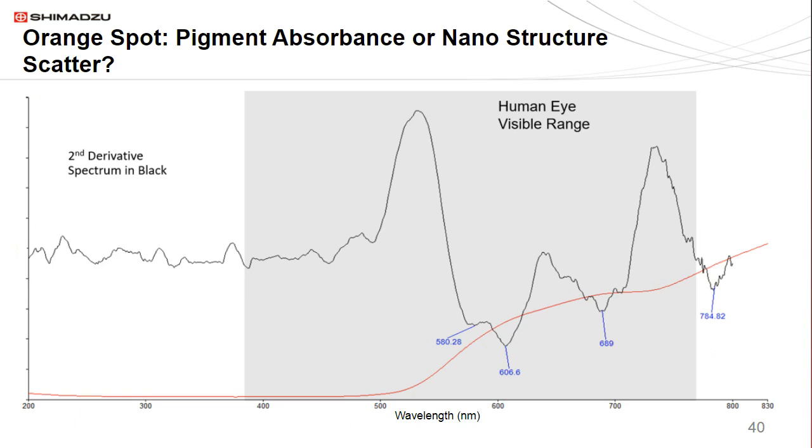So is this orange color due to absorbance by a pigment or from nanostructure scatter? What I've done here is put in a gray area that shows the sensitivity of the human eye.